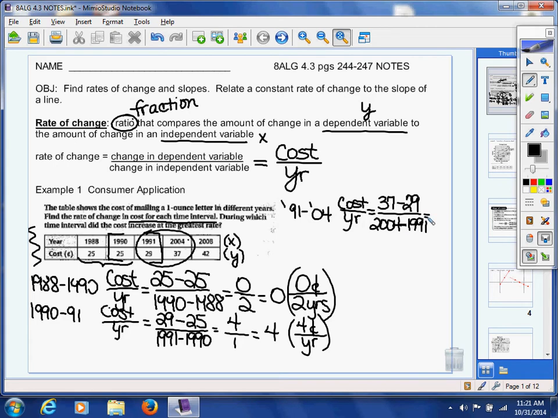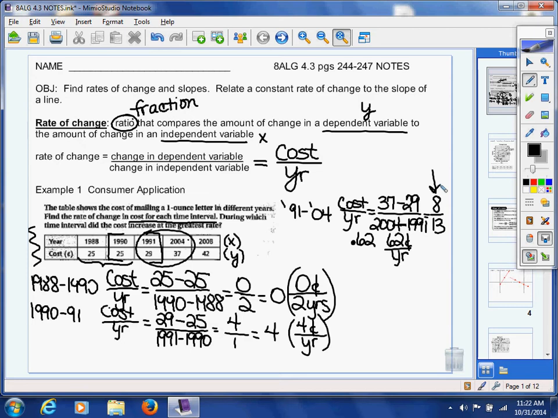And what it looks like is we have 8 over 13. So, and that is a decimal. It's 62, which is actually 62 cents per year. Okay, so we go back here to this original fraction that we subtracted, 37 minus 29 and then 2004 minus 1991. What that means is this particular change, it changed 8 cents in 13 years.